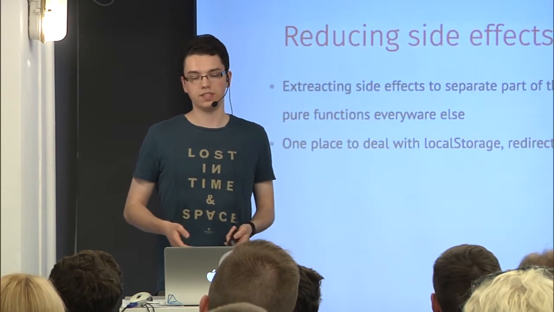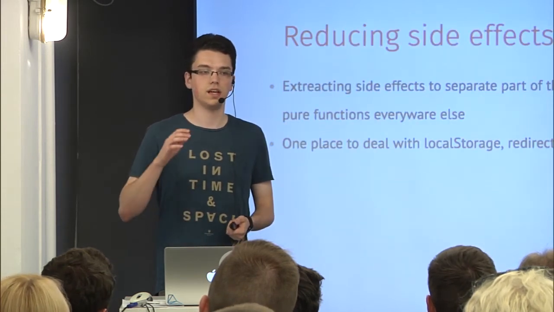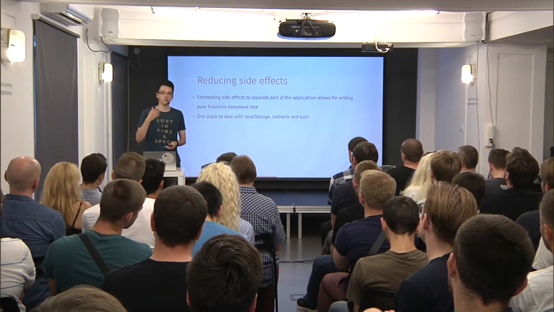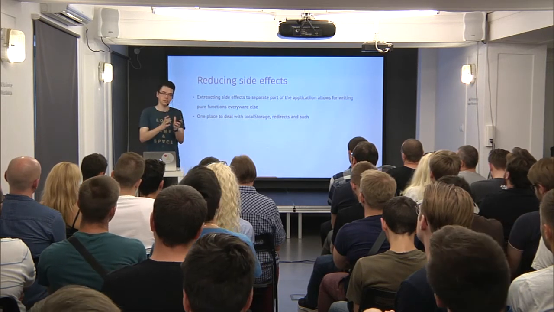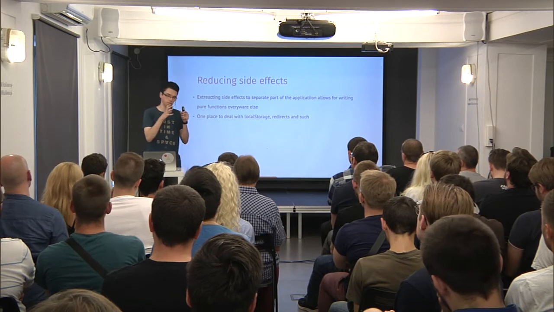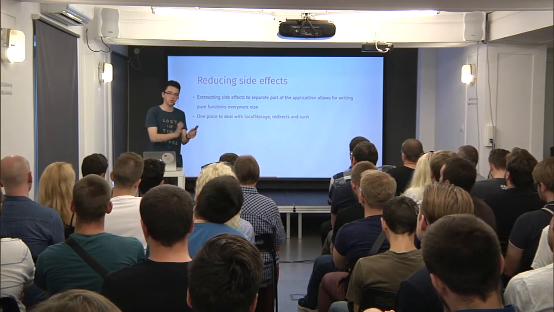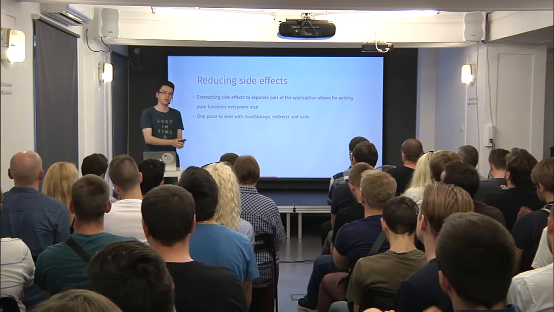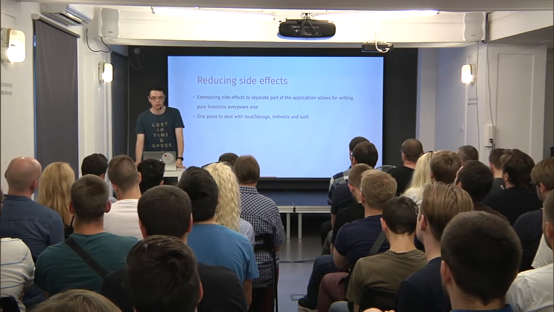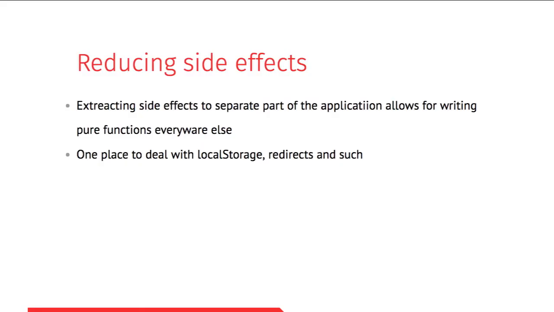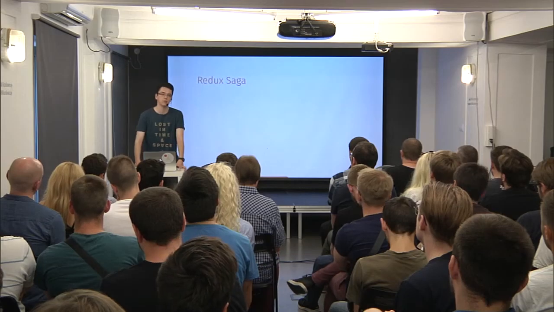I can reduce my side effects, but it doesn't make testing a lot easier, because I end up with some place where the side effects happen. It's good, it's a small place, but it's still there. Side effects happen, so there will be this problem with testing. So Redux Saga makes it really simple.